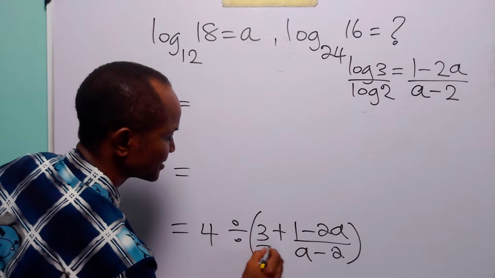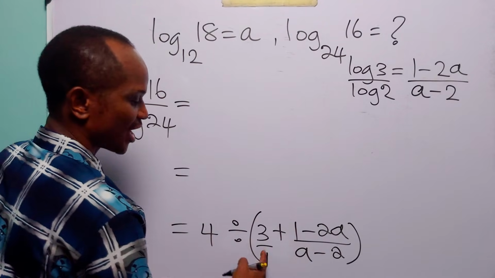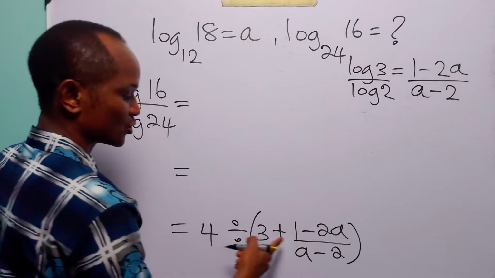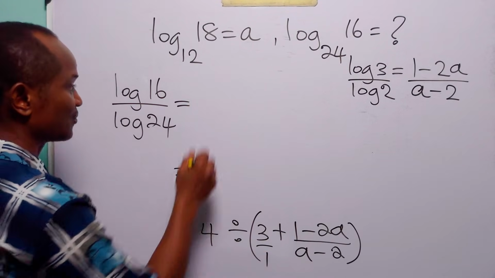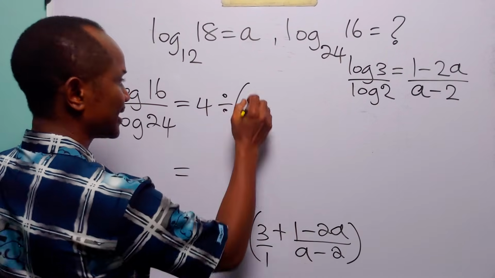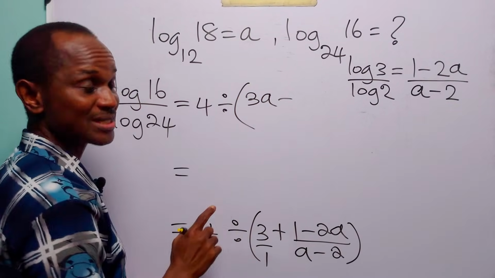Of course, you know that this 3 is 3 over 1. To combine these two fractions into one single unit, we multiply a minus 2 by 3. Of course, when we do that, we have 3a minus 3 times 2, which is 6.